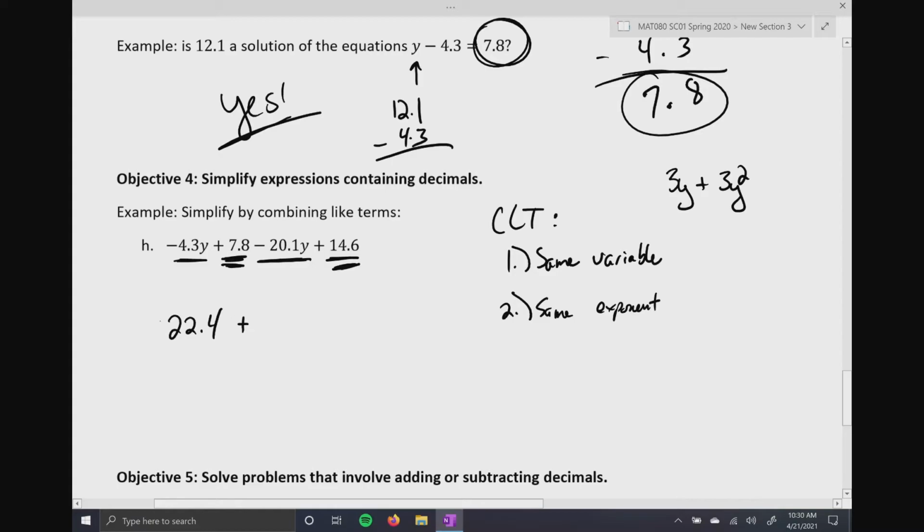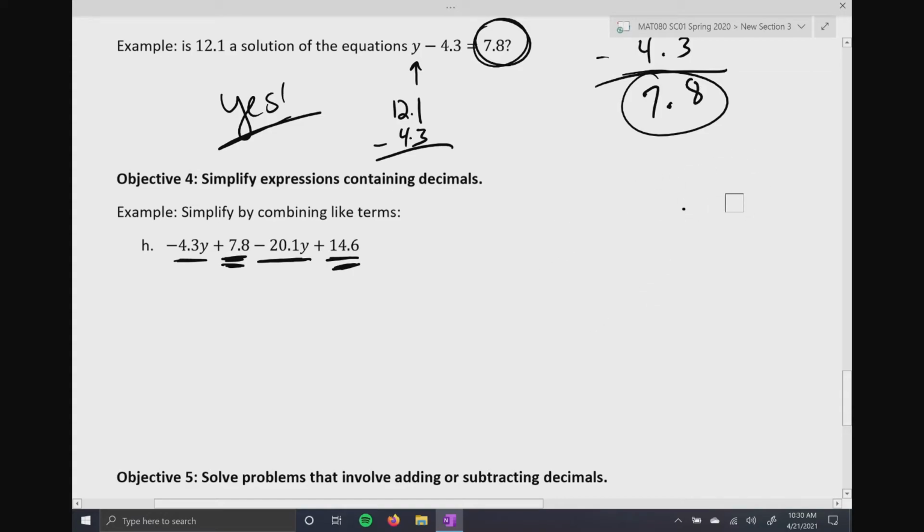Oh, negative 24.4 y. Plus 22.4. Boy, those numbers are kind of too close together.